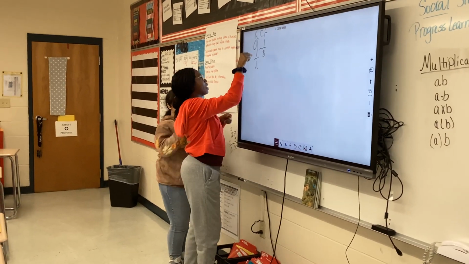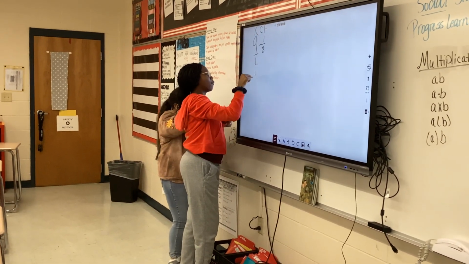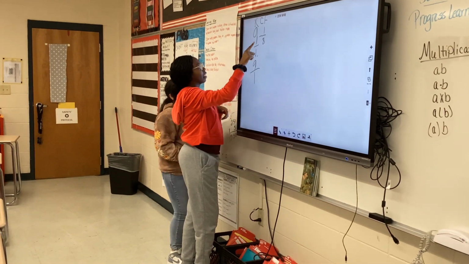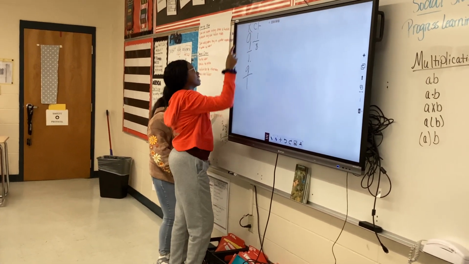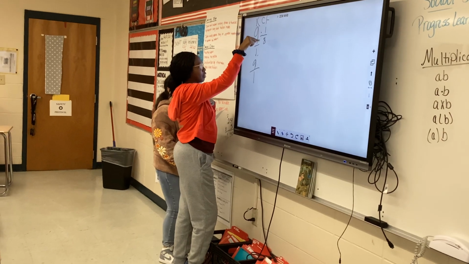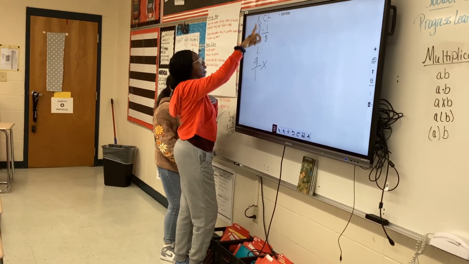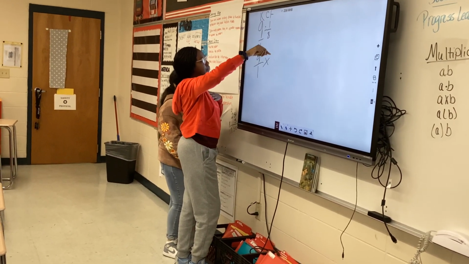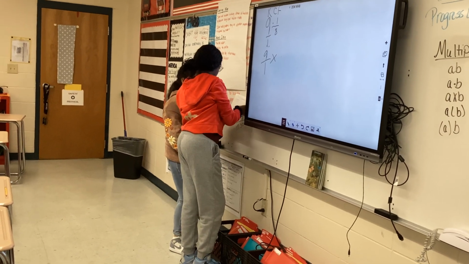Okay. So 9, you keep 9 over 1. And you change the division symbol to a multiplication symbol, and you're gonna flip 1 over 8.